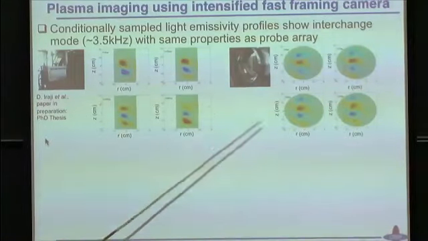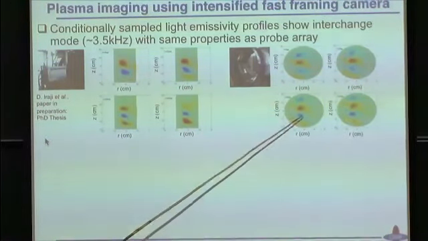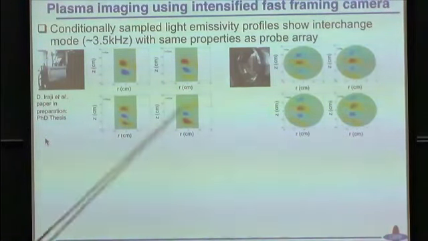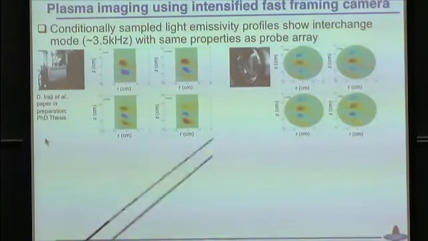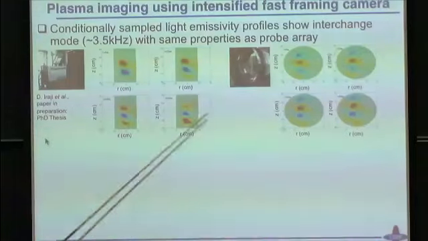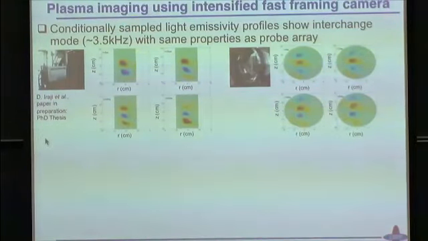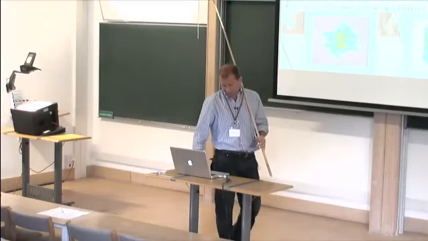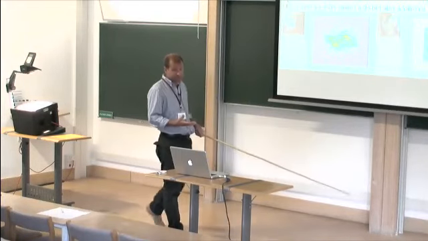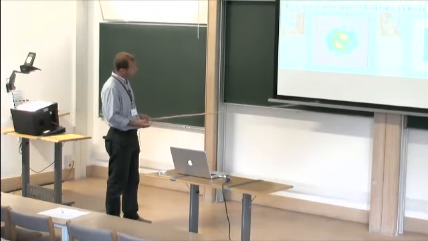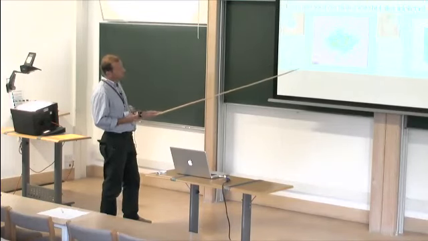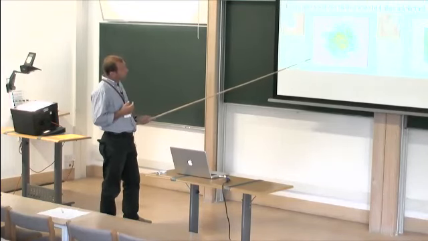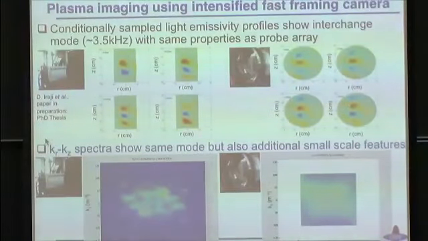But using a pixel as a reference, or a probe as a reference, you can conditionally sample your movie and/or the probe reconstruction, and therefore you can really measure the modes. So we can get rid of all the probes. And in fact, we did, and there is no difference. So we know there is no perturbation. But of course, you have much more pixels than probes, and so you can have a higher resolution. This is a K spectrum evolution, 2D K spectrum in time, and it's a little bit difficult to see, but this is also conditionally sampled.